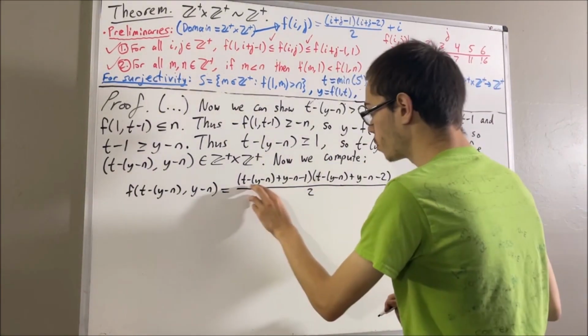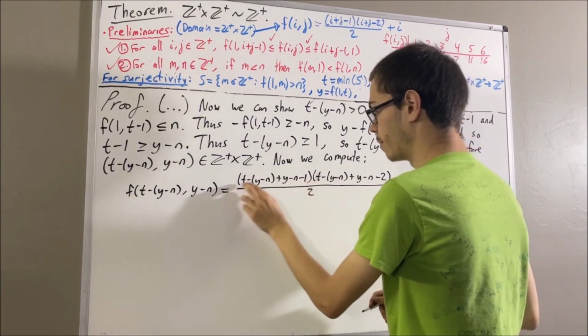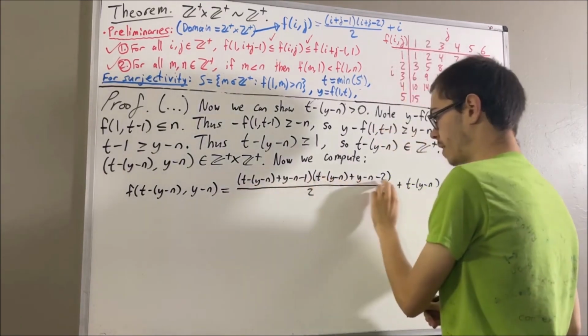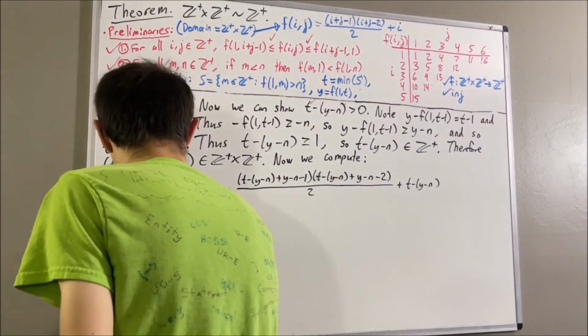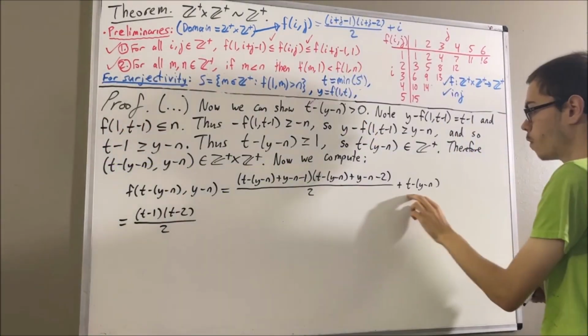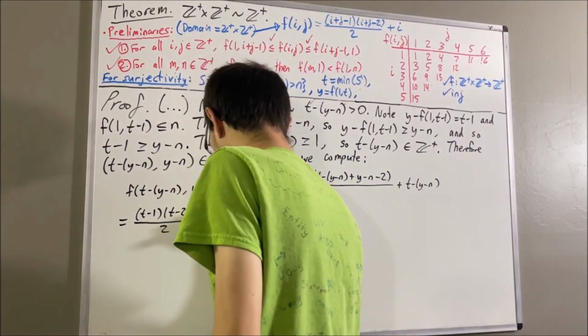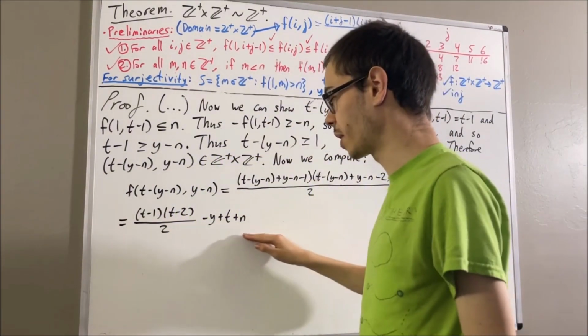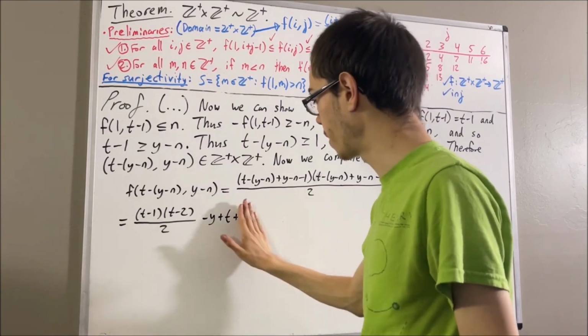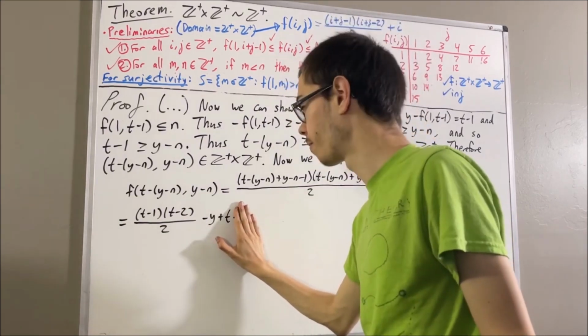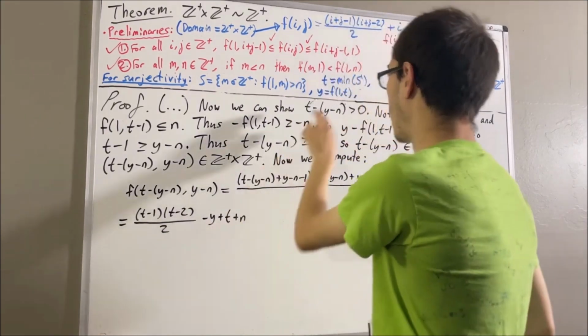Now, the first parentheses simplifies down to t minus 1, the second parentheses simplifies down to t minus 2. And over here we have minus y plus t plus n. Now, this entire thing should equal n, so we expect this to equal 0. Now, y is equal to f of 1 comma t.